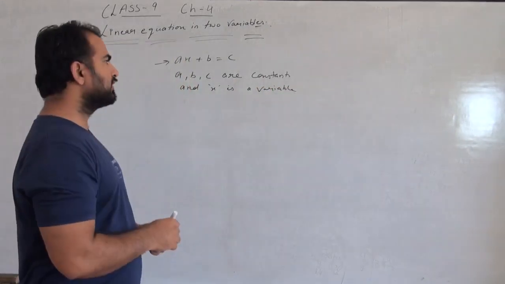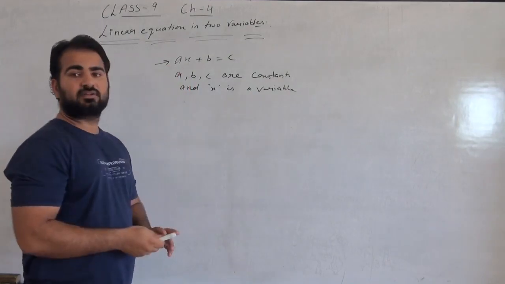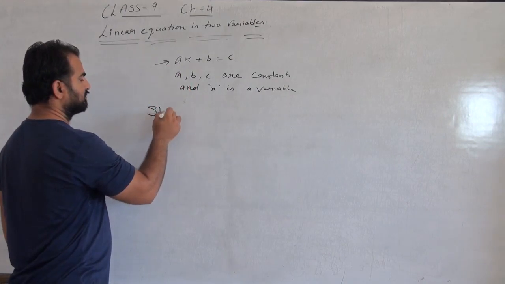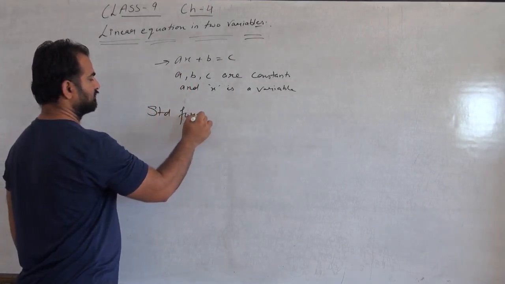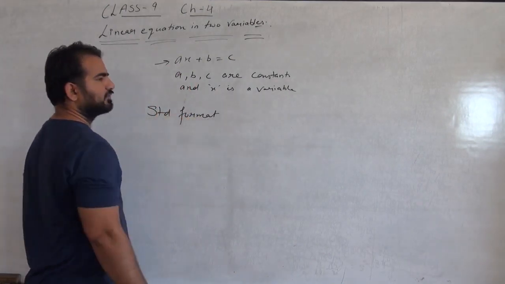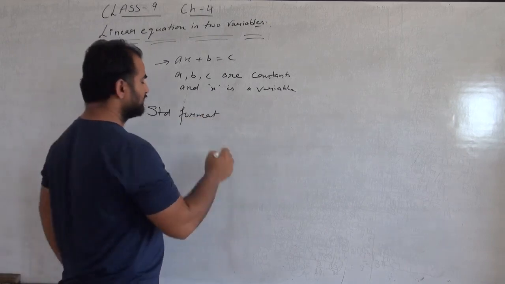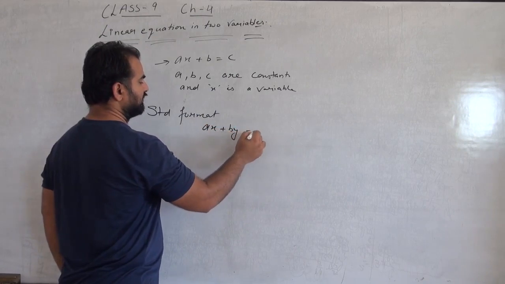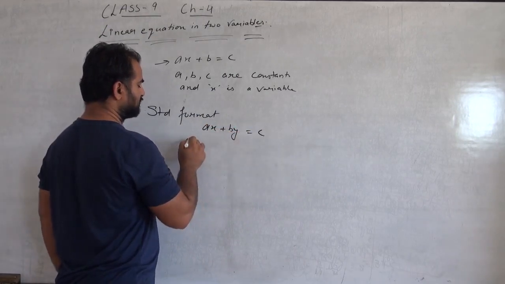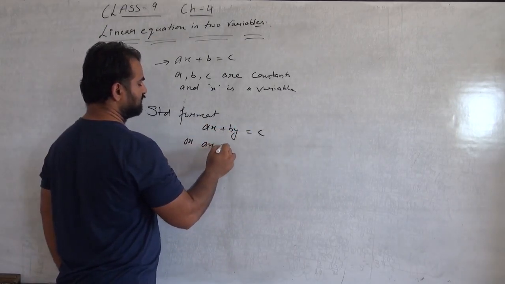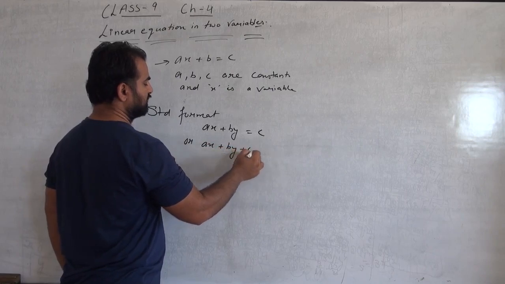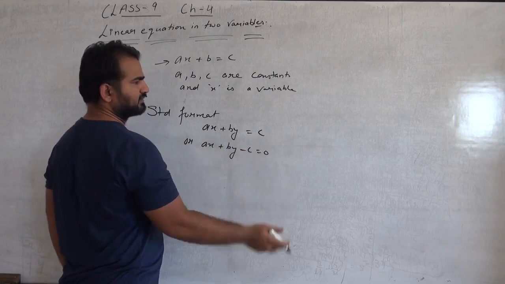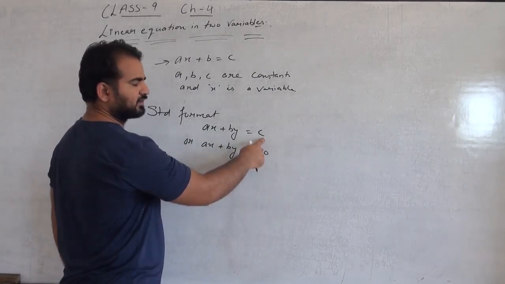How to solve an equation in which two variables are there? So first of all, standard format. Standard format of linear equation in two variables is ax plus by equals to c, or ax plus by plus c equals to 0, or we can say that it will be minus c because it was plus c there.